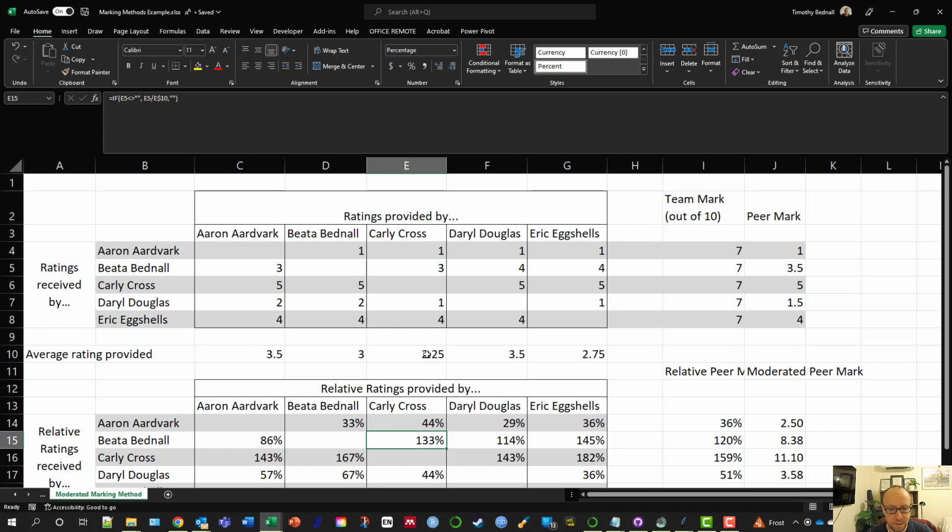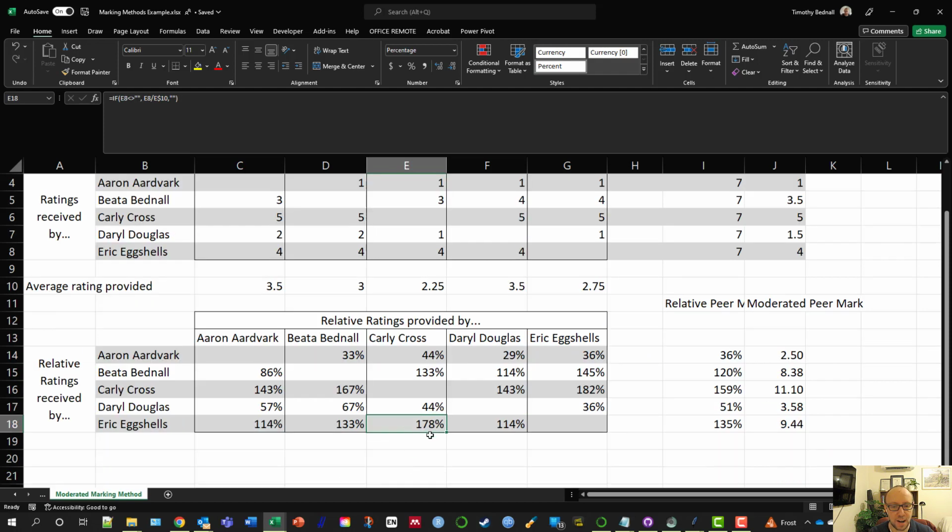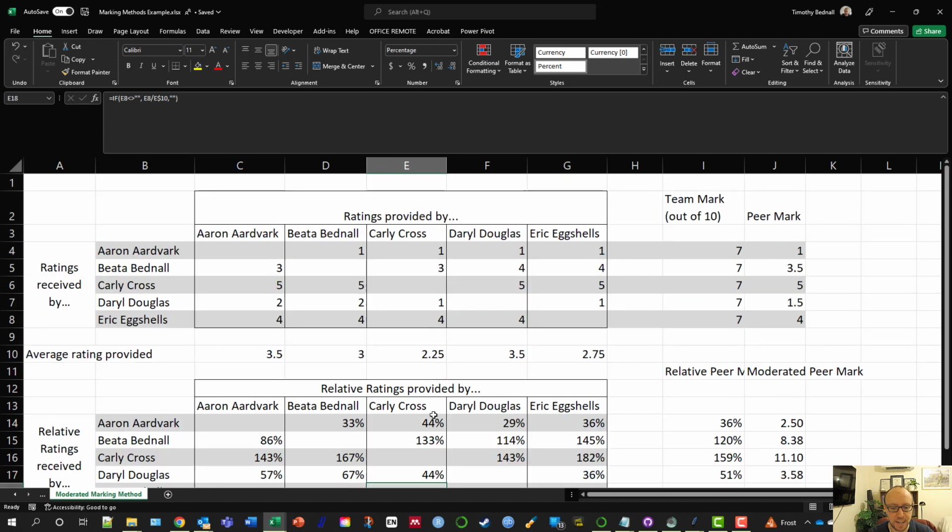Beata did a bit better, so her rating was 133% of 2.25, which I suppose was a little bit better than some of the other team members. And of course, Eric did very well out of Carly. So his rating, which is a 4, was 177% of 2.25.